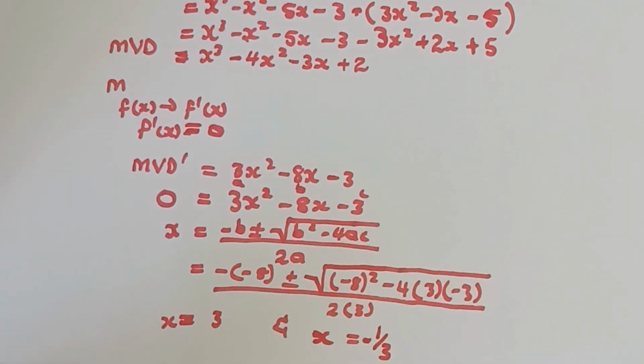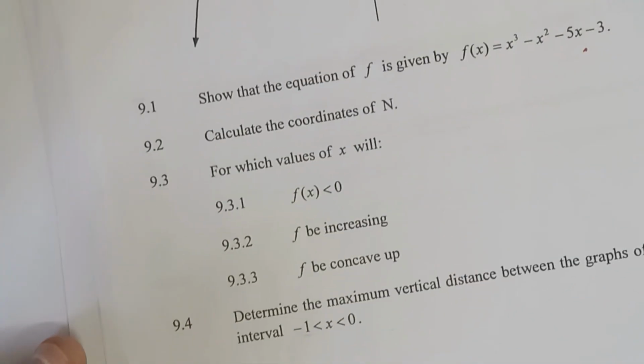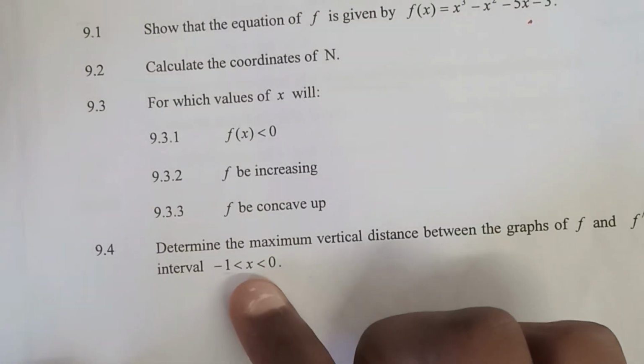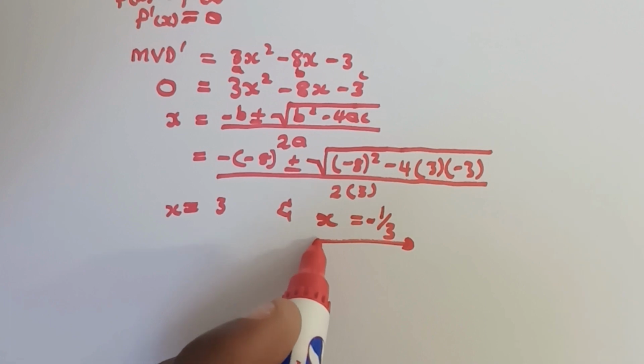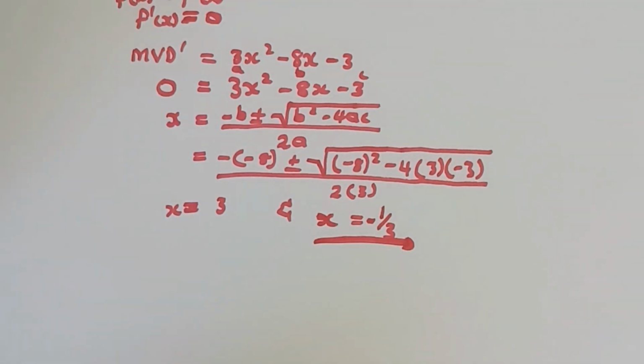Since they said the interval is x between 0 and negative 1, we should go for this x value here.